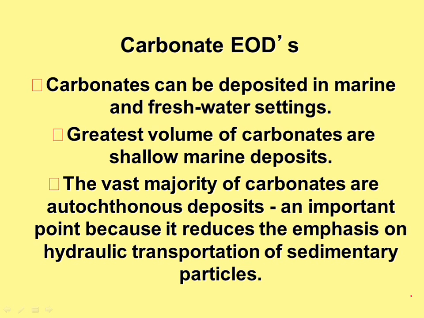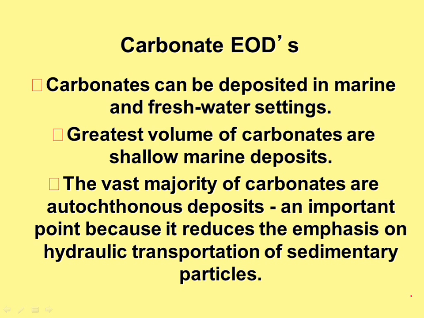And this is an important point because it reduces the emphasis on hydraulic transport of sedimentary particles. Because if you look at terrigenous sedimentary rocks, one of the things that you look at, for example, is grain size or particle size, because that reflects energy conditions needed to move grains. Larger grains need higher energy to move them than the finer grains.